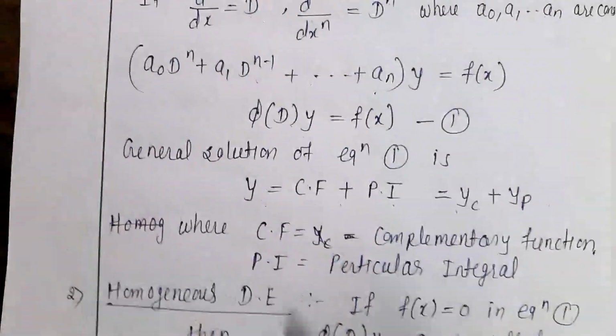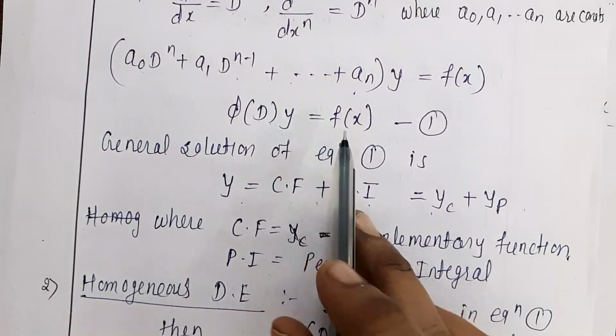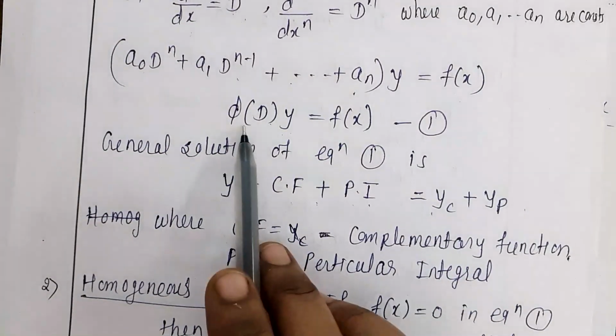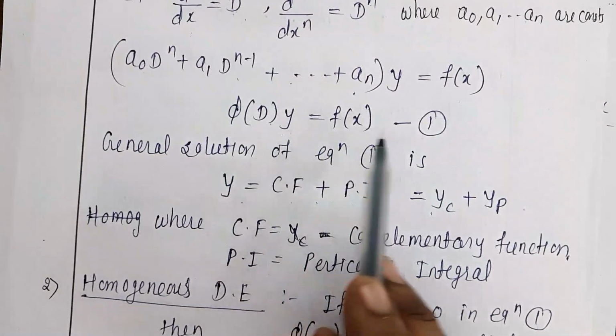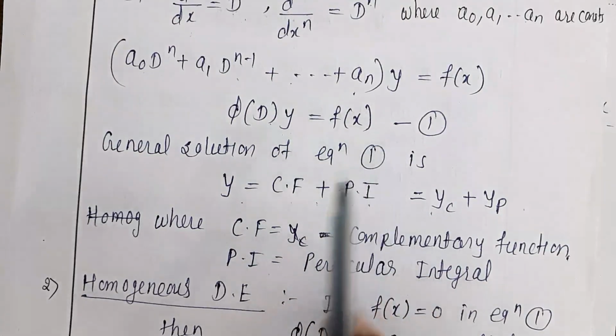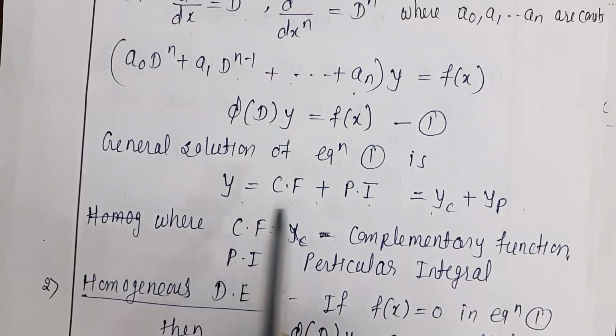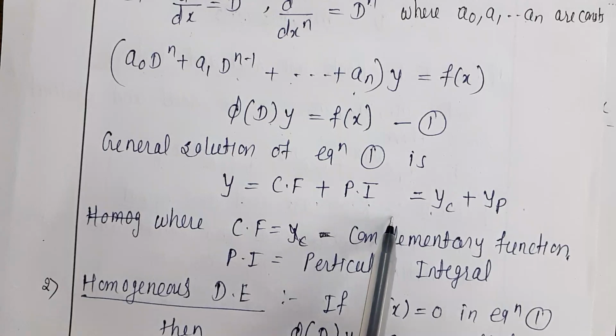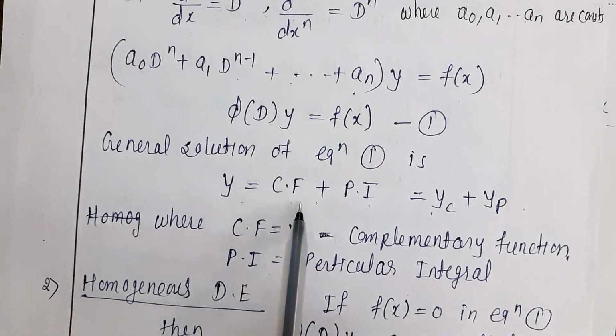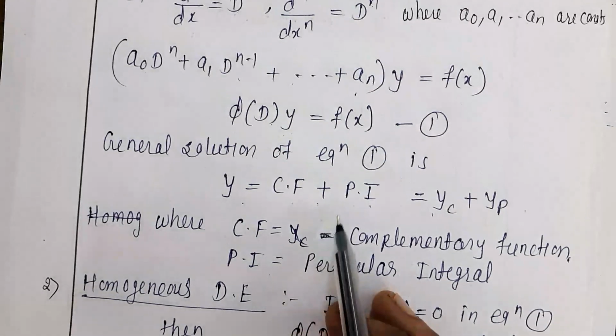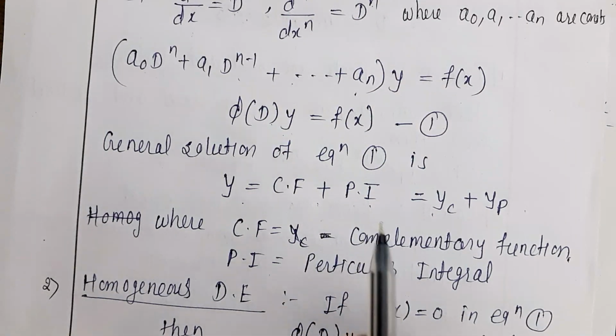A non-homogeneous differential equation means the f of x term is not equal to 0. It remains as it is, phi of D multiplied by y equals f of x, and we get both the complementary solution as well as the particular solution. So y equals CF plus PI is the solution for a non-homogeneous differential equation.